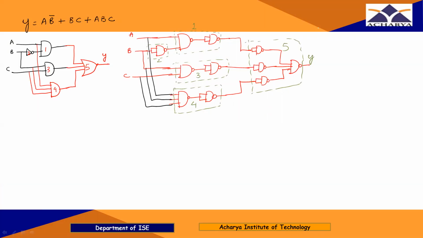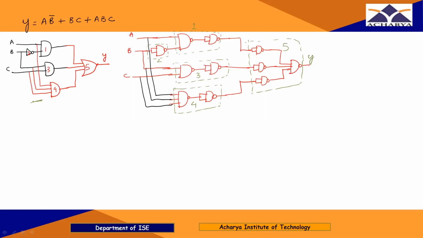See students, in the last class, this is the expression which I've written, right? So for this expression, this is the logic circuit, right? So this is the circuit using basic gates. So the equivalent NAND implementation circuit is this.